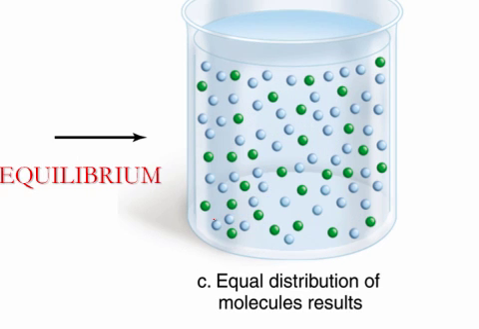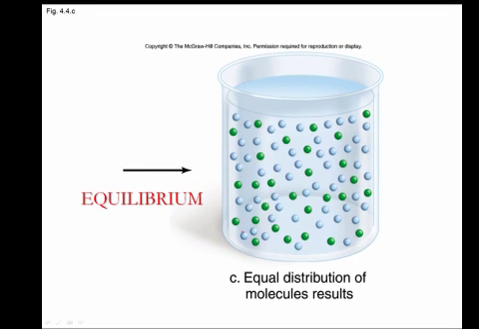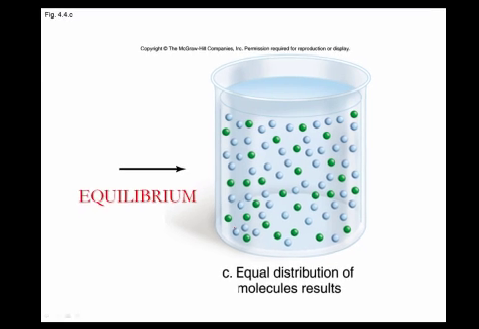And this will continue until eventually we have equal distribution of the molecules. We would call this equilibrium. Now, this doesn't mean that movement has stopped. Certainly, all of the molecules are still moving within this beaker, but after we reach equilibrium, there is no net change in concentration. We are going to remain relatively evenly distributed throughout the beaker.